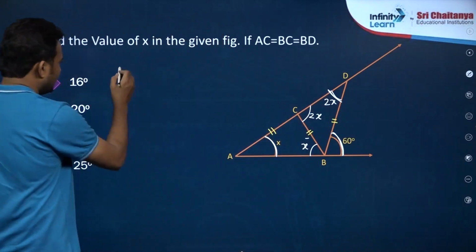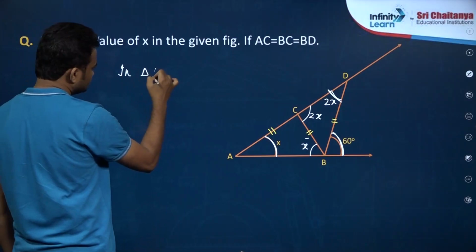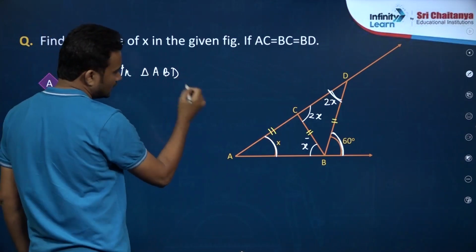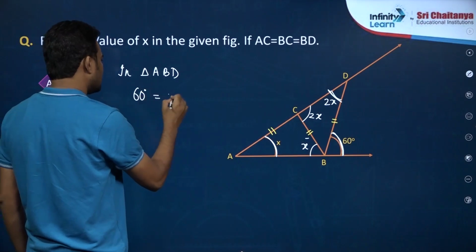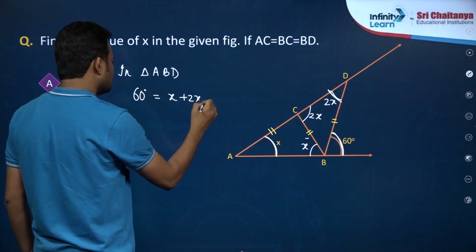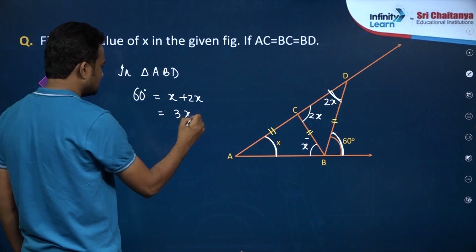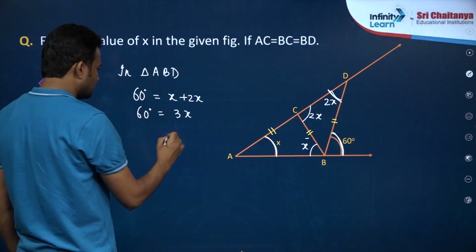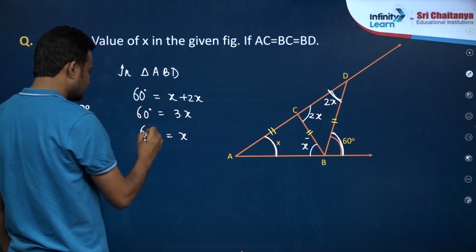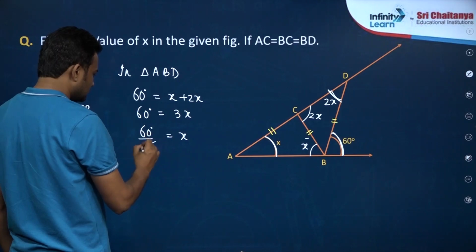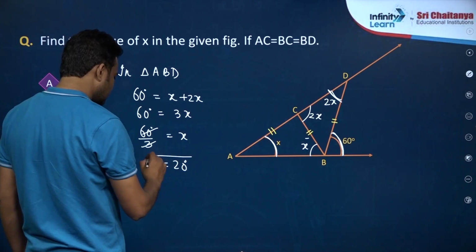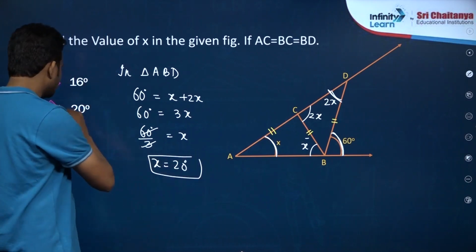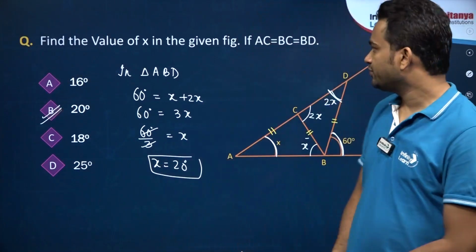So in triangle ABD, this 60 must be equal to x plus 2x, and this 3x is 60 degrees. So what is x, guys? X is 60 by 3, which is 20 degrees, and that is our option. Okay, so hopefully this is clear to everyone.